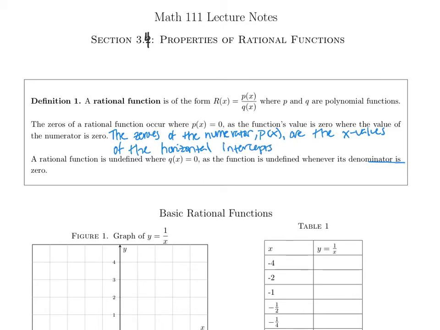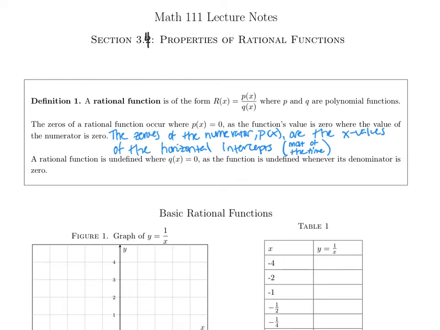So basically what that means is that if you want to find your horizontal intercept, you have to look at the numerator. Now I'm going to caveat this with: most of the time. The only time when that's not true would be when holes are involved, and you're going to learn about that at the very end of the video.